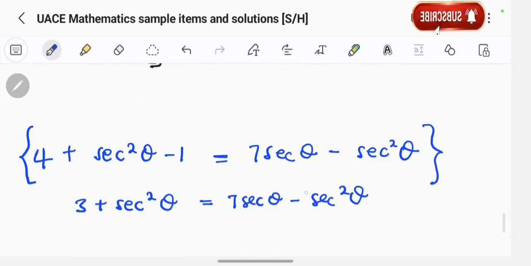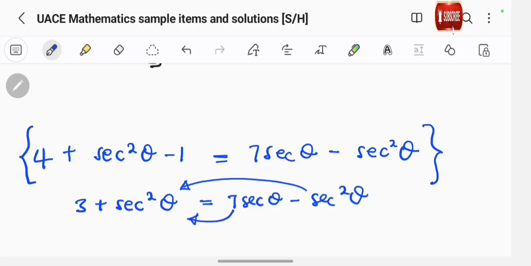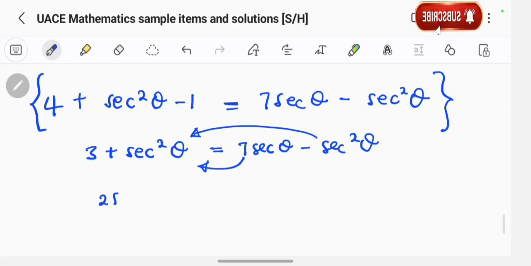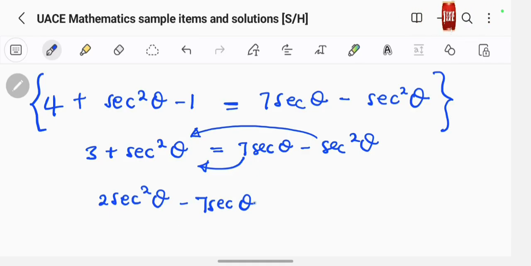If I move this sec squared theta this side, it becomes 2 sec squared theta minus 7 sec theta plus 3, which is now equal to 0. Why is it 0? Because on the right hand side we've removed everything.